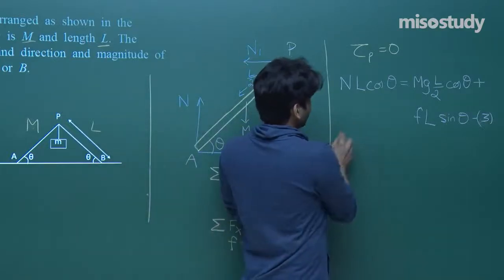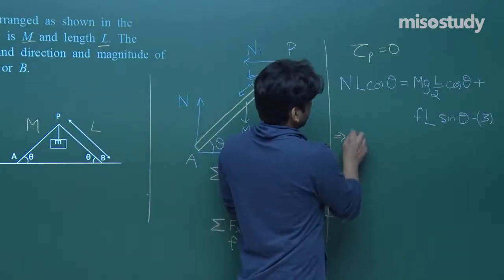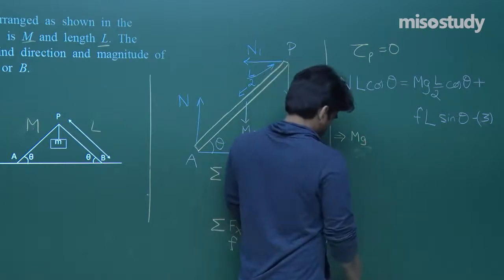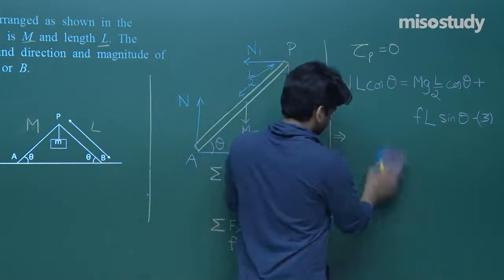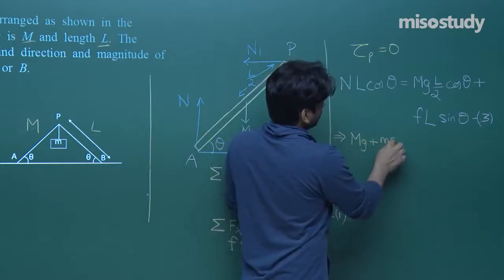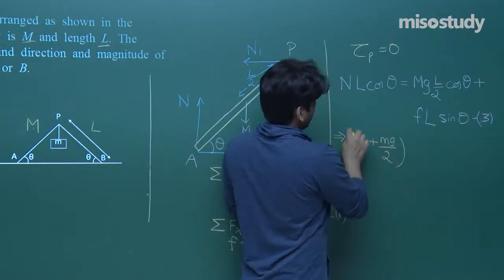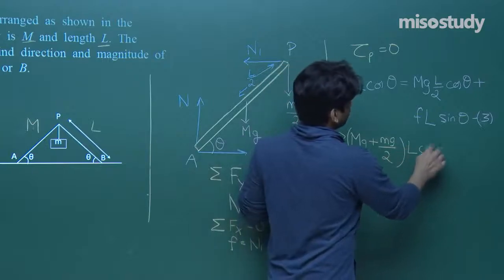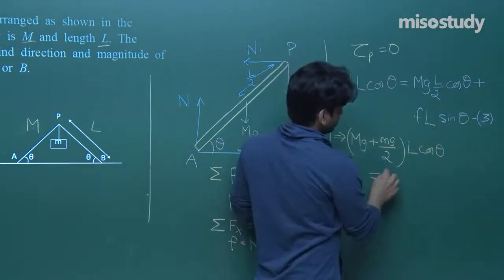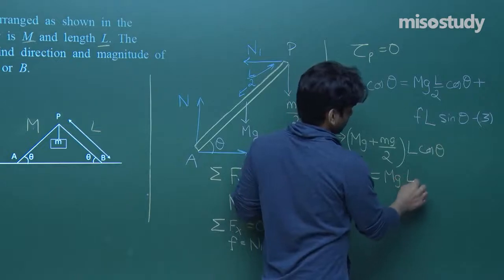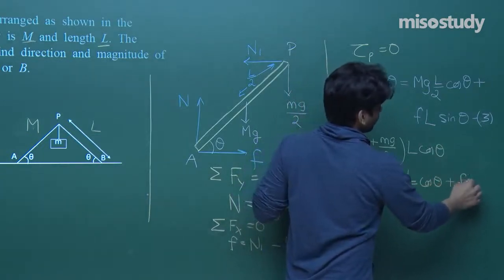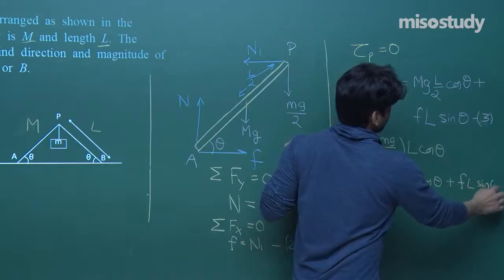I am going to replace capital N by Mg plus small mg by 2, and this is multiplied with L cos theta, is equal to mg L by 2 cos theta plus FL sin theta.